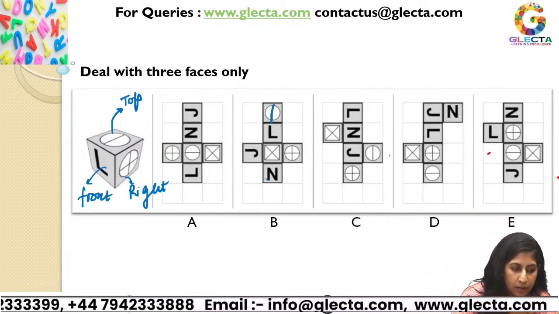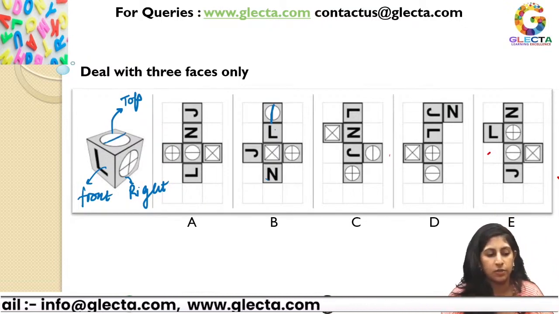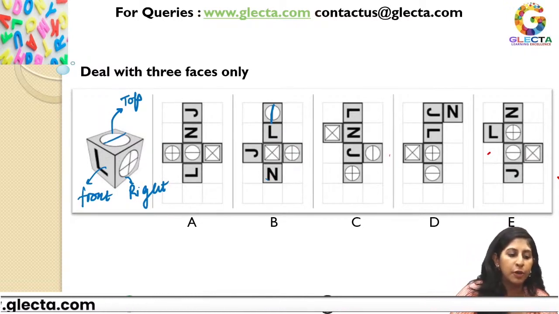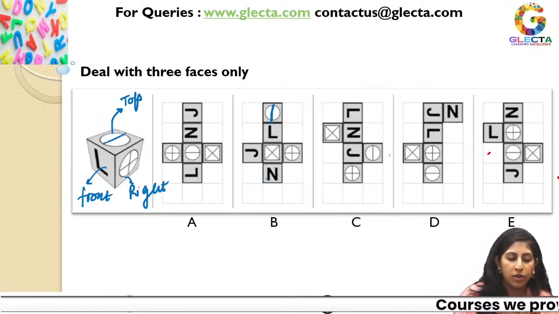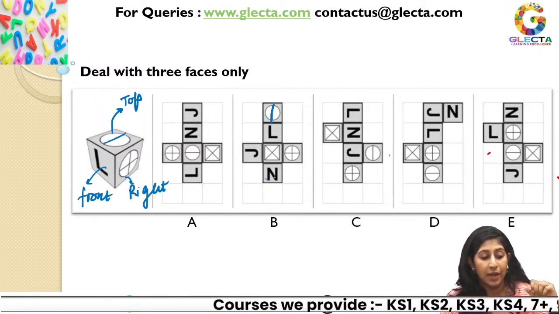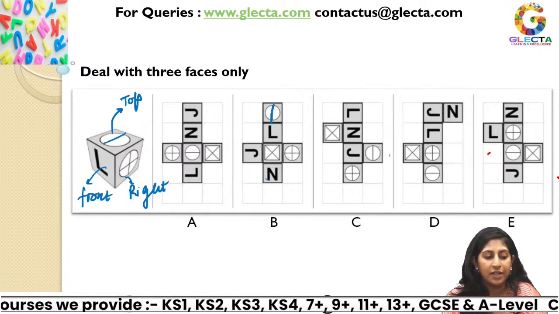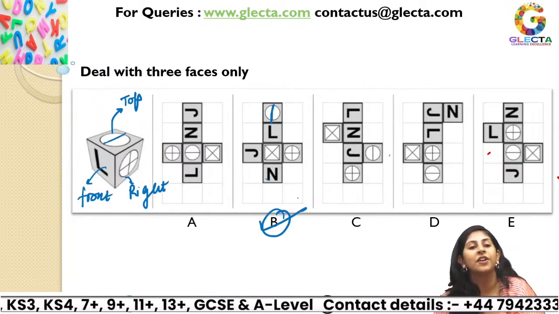That's what's happening on the top. Then you have this L, the direction, that's what matters. And then on the right side, when you box it up, you bring this on the top, this L goes on the back side, N would come on the front side, L would be on the back side, and on the right side you'll be getting this thing. So for this one, the B part would be the correct answer.